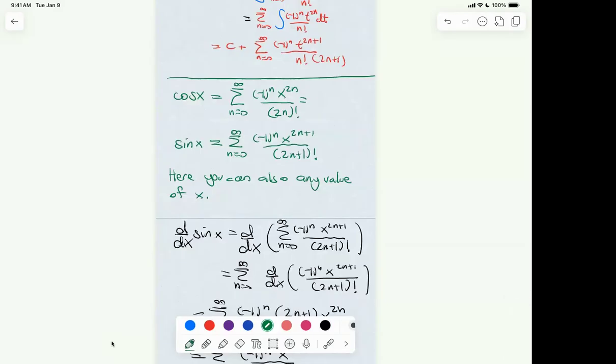At n equals 0, you just get 1. So you get 1 minus x squared over 2, right? And that's what you get if you put n equals 1. Then if you put in n equals 2, you get plus x to the 4 over 4 factorial.